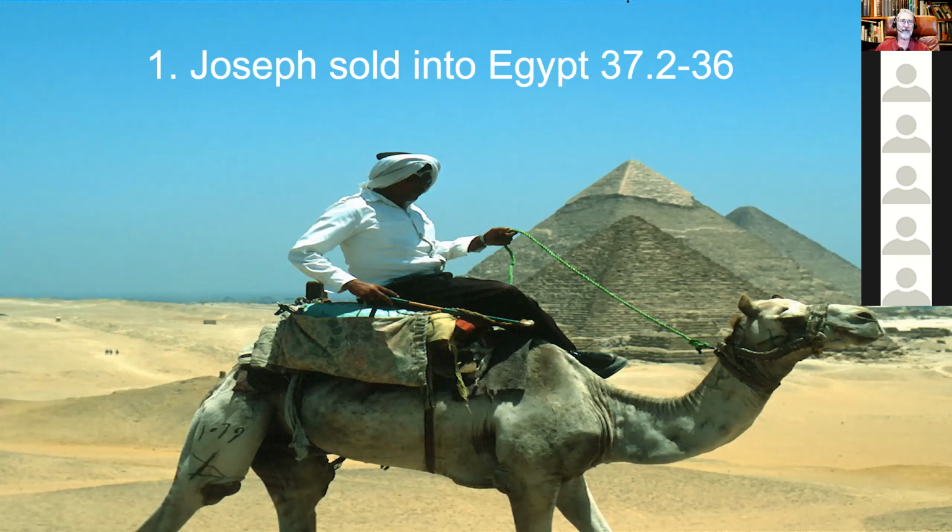The multicolored coat was a symbol of Joseph's position. It was Jacob's intention that Joseph be the inheritor, that he be the heir of all of Jacob's property. It was Jacob's intention that Joseph be the child of promise.